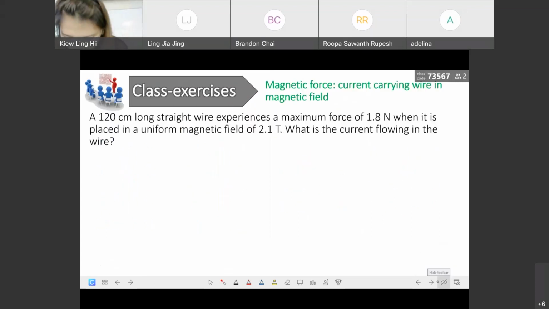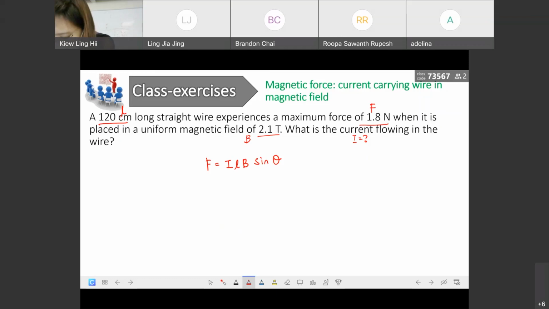The length of the wire is 120, force 1.8, when it is being placed in the uniform magnetic field of 2.1. So what is the current? This is a straight wire, so the magnetic force on a wire carrying current is ILB sine theta.